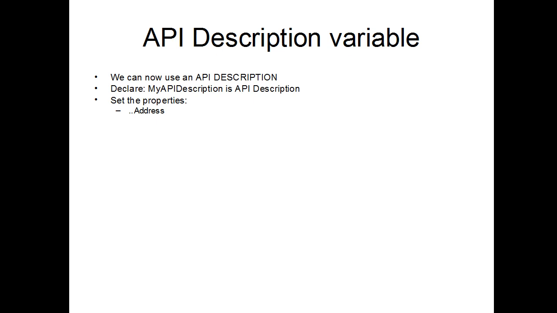Of course, if you don't call it by address, you don't put any value in it. If you do put an address in it, it will automatically set the other properties that are not the address, the function name and so on, at the corresponding value. So you just set the properties that you need for your call. The others are set automatically.